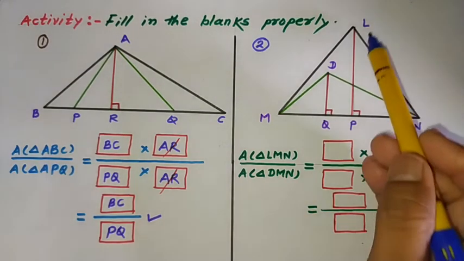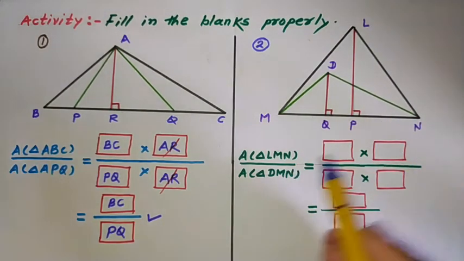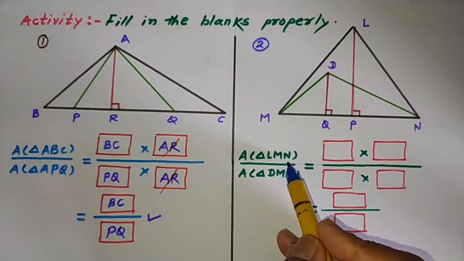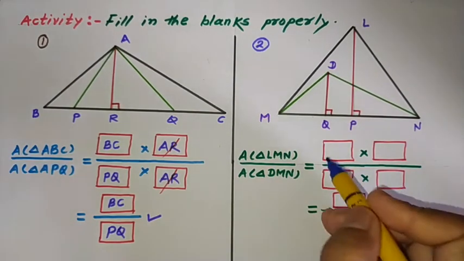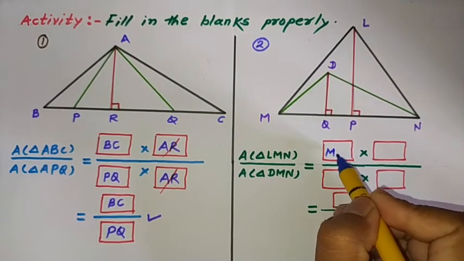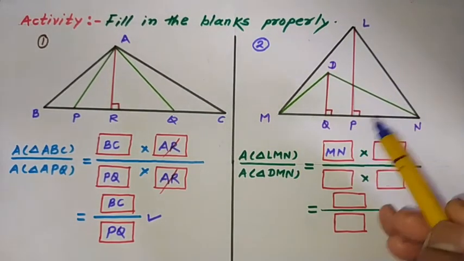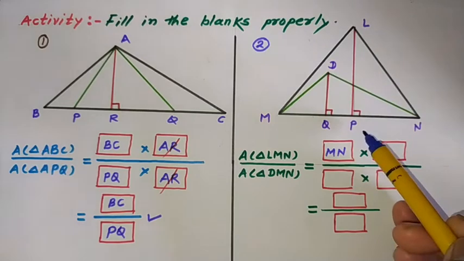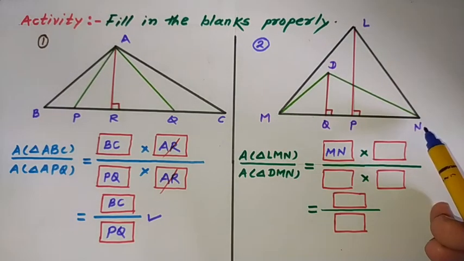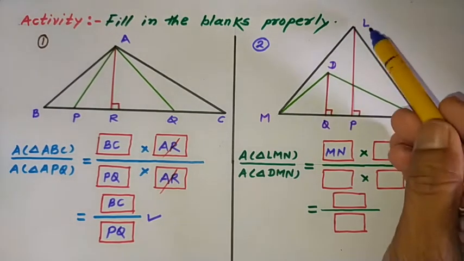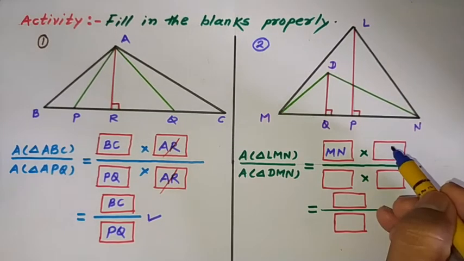In the first triangle LMN, the area of triangle LMN: base is MN and height is LP. In this triangle, segment LP is perpendicular to segment MN, therefore LP is the height.